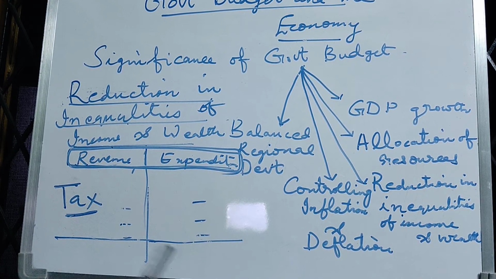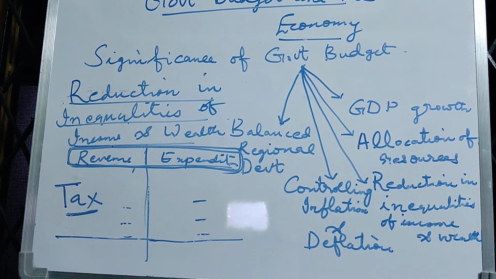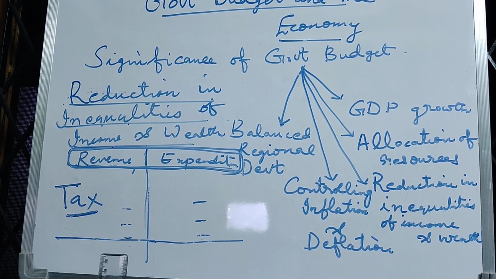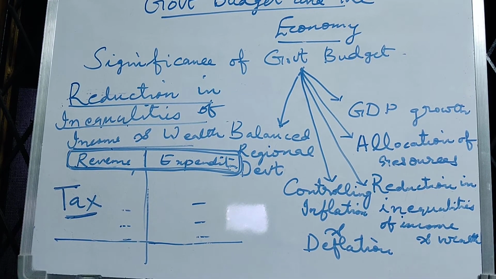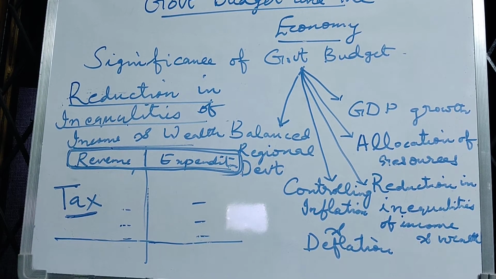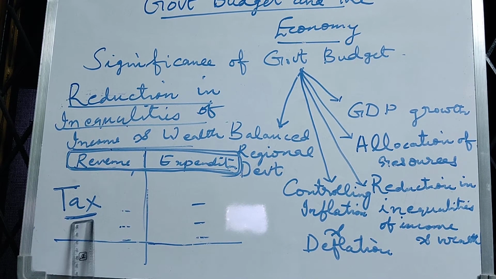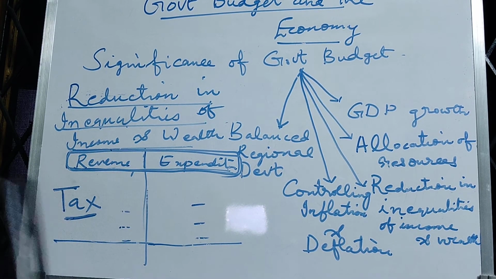Also, there are high taxes on luxury items, not on items of common consumption. So there is progressive taxation in our country. Whoever is earning higher income is taxed highly. Through this measure, the government tries to reduce the inequalities in income and wealth.